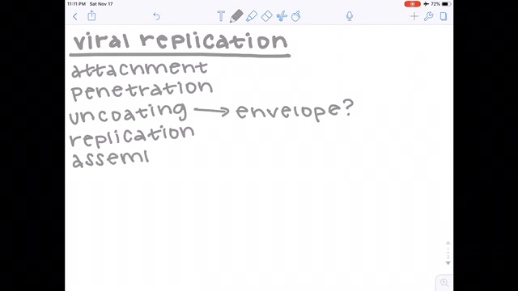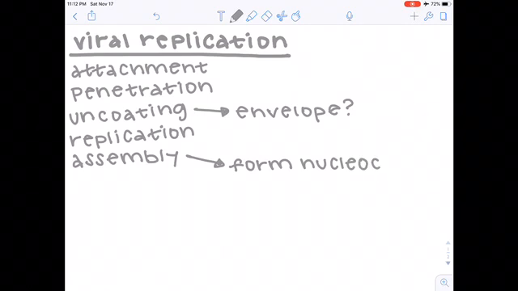In this step, during replication, they will replicate their genomes, but the virus will also make proteins. In assembly, these proteins will form a nucleocapsid around the new genetic material. Let's put that here: form nucleocapsid around genetic material.